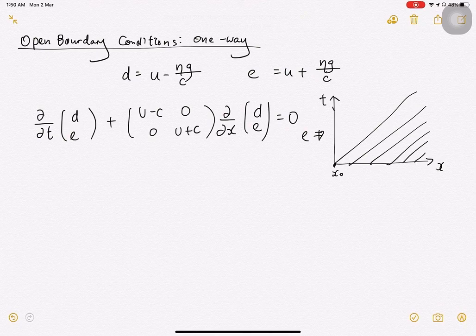And then the boundary condition of E here determines the values in the right region, and then the initial conditions will affect the region in a gray area. And then the slope here is plus.